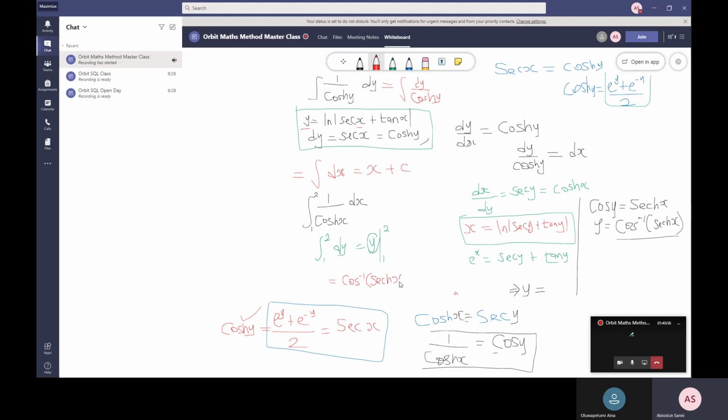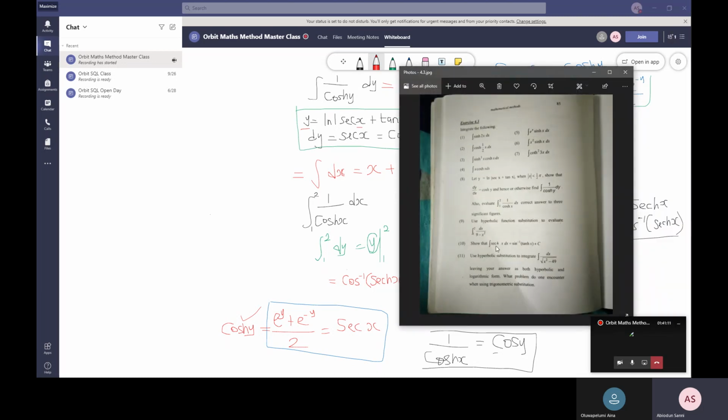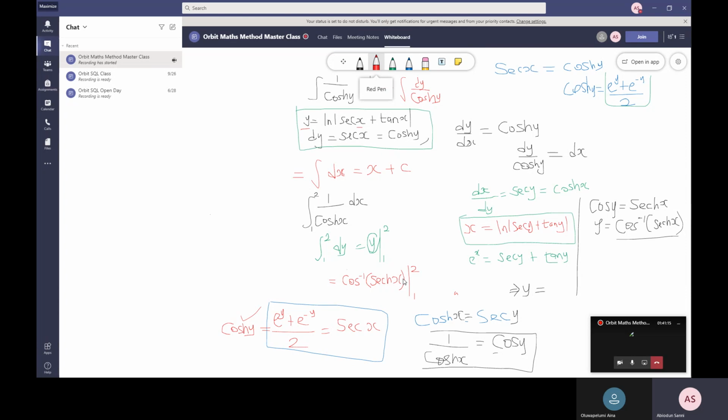So arc cos of sec x, taking limits from 1 to what? To 2. So when x is 2 minus when x is 1. So anything you get, just as it's written here, convert to 3 significant figures. So that ends the question.